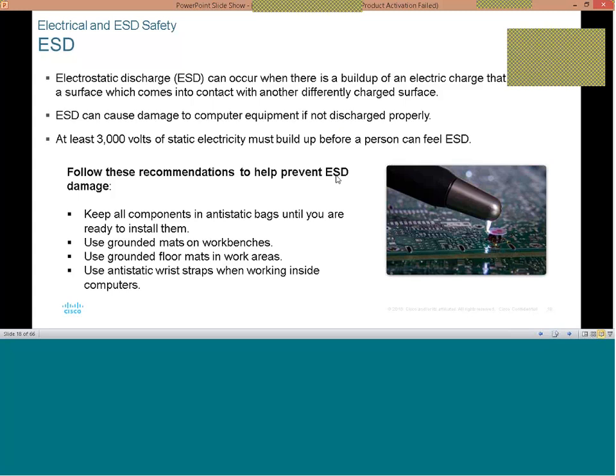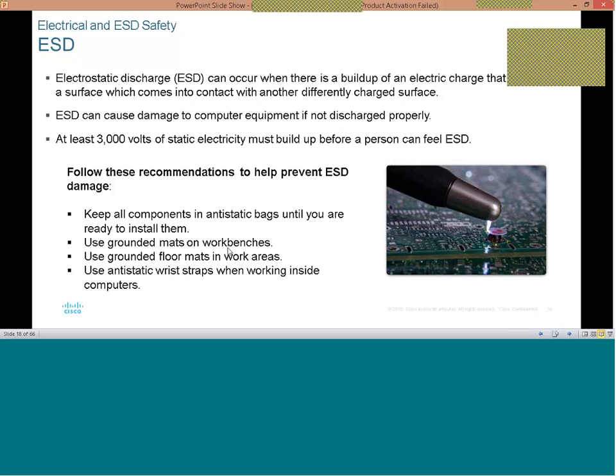What are the precautions to avoid ESD damage? One, you keep all components in anti-static bags until you are ready to install them. So all the components like your RAM, your adapter card, sound card, the CPU, are meant to be in anti-static bags to avoid damage.